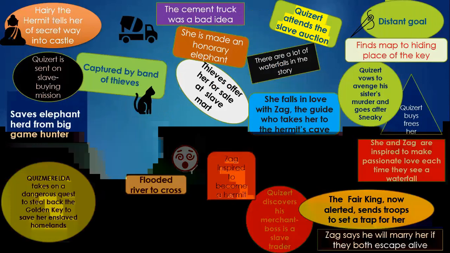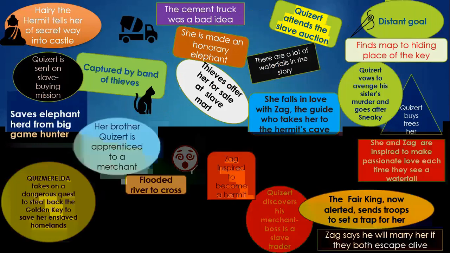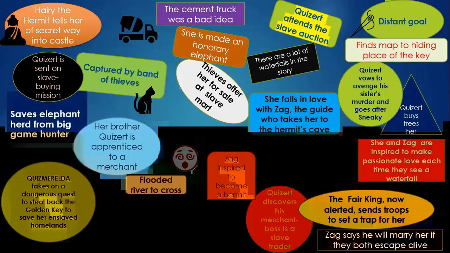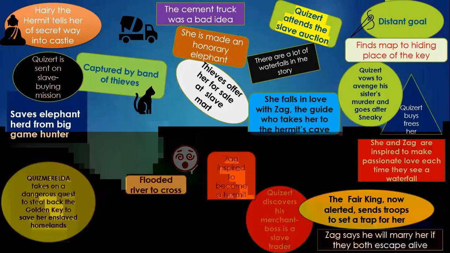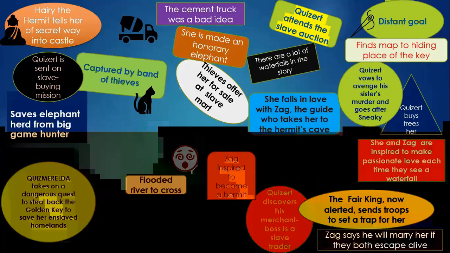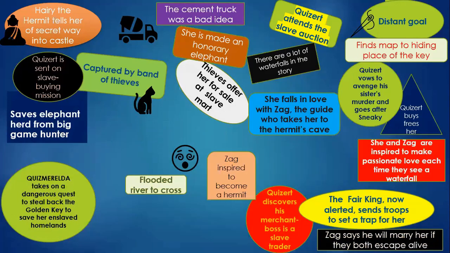And there it is. Her brother Quizet is apprenticed to a merchant. So probably in the first chapter, we'll see Quizmerelda waving her brother off as he goes into a foreign land to be apprenticed to a merchant. And we might follow his adventures for a little while, maybe interleaving a few chapters with the Quizmerelda story.